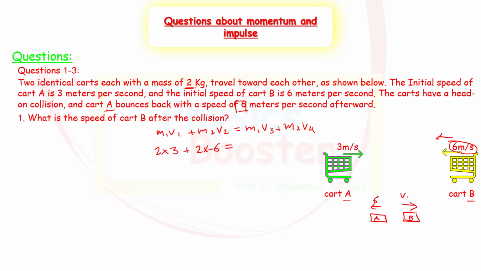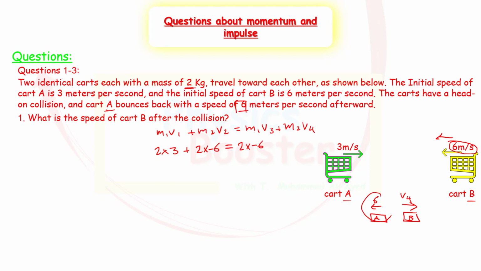I do not know the velocity of B, which is called velocity 4, for example, or you can call it velocity B. Now what is the mass? It's 2, as we said, multiplied by the velocity of this object, which is object A. Now this time this is equal to -6, because it's going to the left.